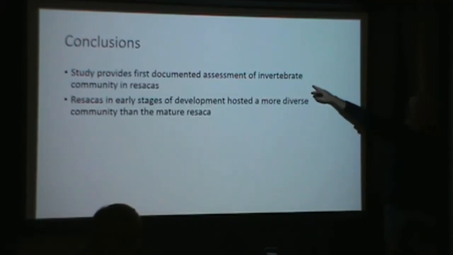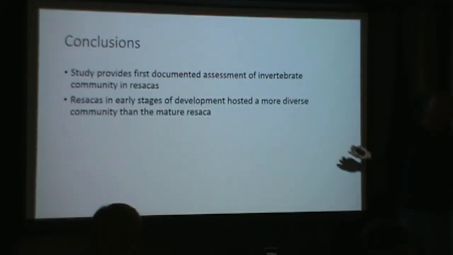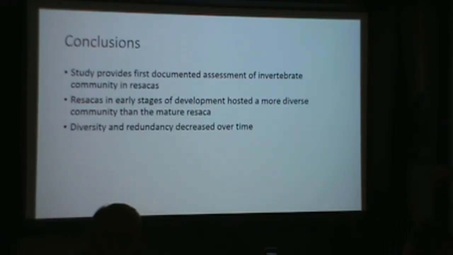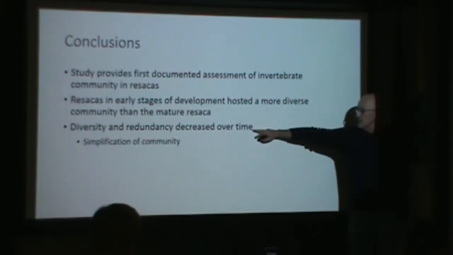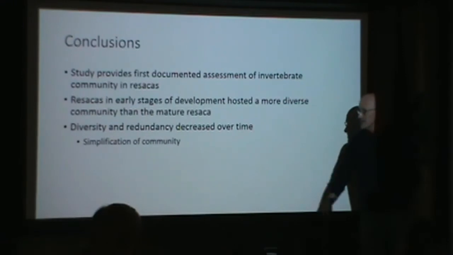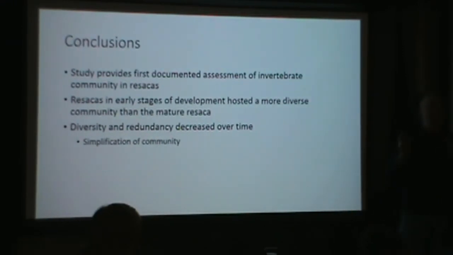So among other things, resacas are virtually unknown biologically. It was the first time that the benthic community was assessed in resacas. So that's a reference there. Over time, diversity and redundancy decrease. So the community simplifies.